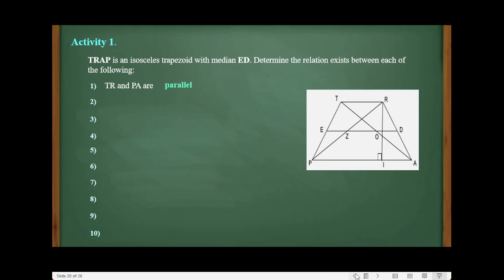So obviously, number 1, the answer is parallel. Okay, so if you understand the direction, let us read this again. Quadrilateral TRAP is an isosceles trapezoid with median ED. Now, determine the relation that exists between each of the following items. So, for number 1, segment TR and segment PA are what? Parallel.